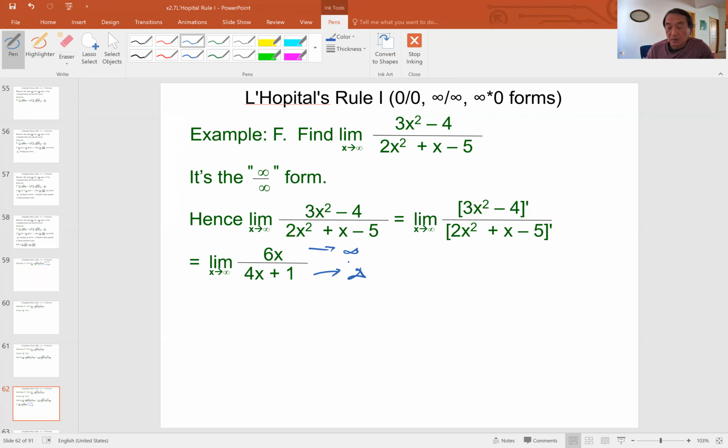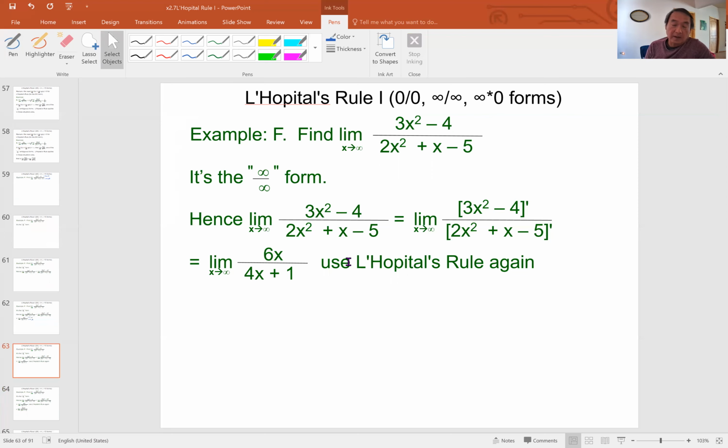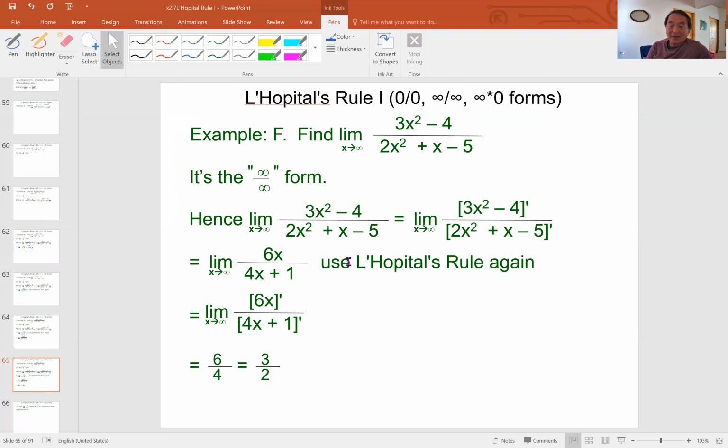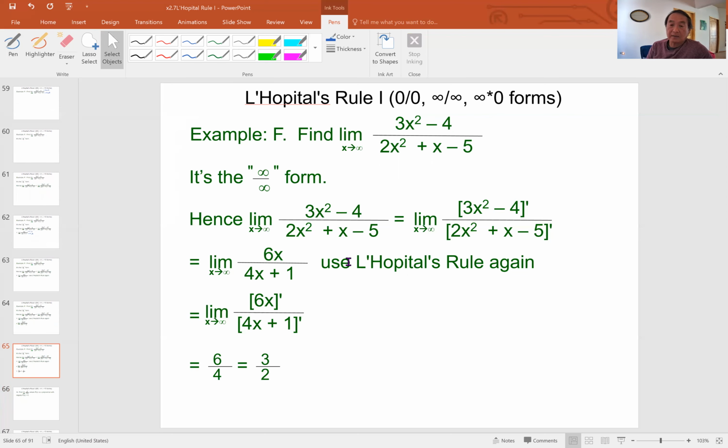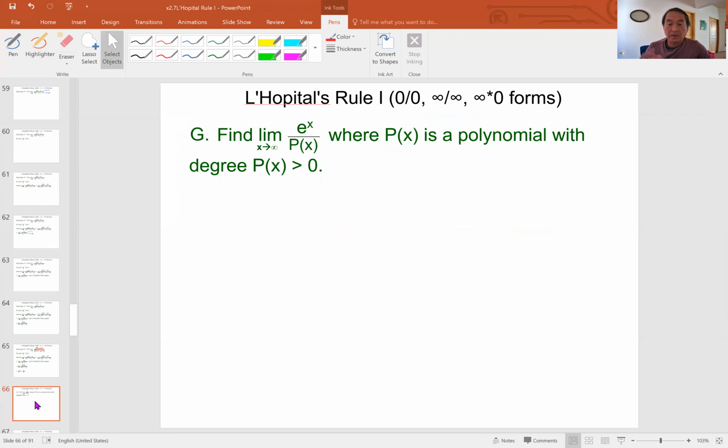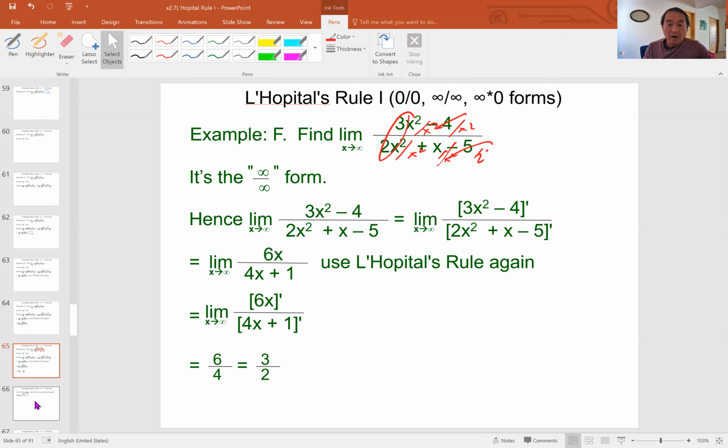So I apply L'Hopital's rule again. I have to. And now I get a concrete answer, 3/2. This is the same trick as before: divide everything by the highest power, x squared, and all the lower terms cancel out, and what you're left with is 3 divided by 2. Remember, head divided by the head. This is what L'Hopital justifies.